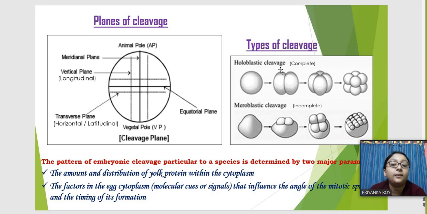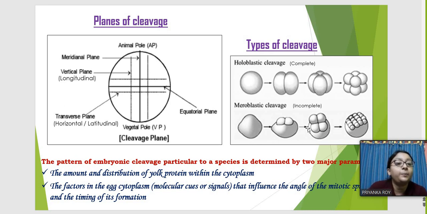You can understand that this kind of cleavage is only possible when there is a minimum amount of yolk, because yolk is a very dense material, and if a dense substance is there, then when we try to break a cell into 2 parts, it will not allow the cell to completely give rise to 2 different cells. The cell division will stop at this part. But if there is no yolk at all, then the cell division will be complete and therefore 2 different cells will be formed. So this kind of cleavage is known as holoblastic or complete cleavage.